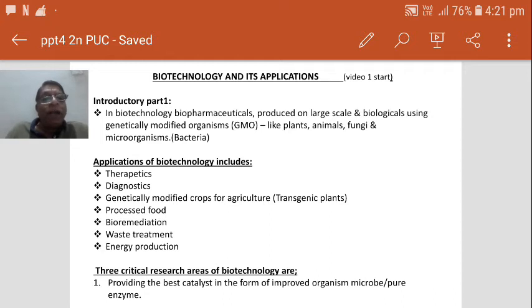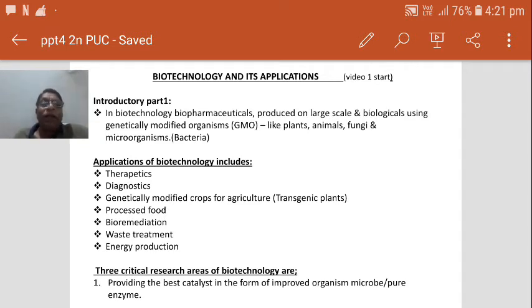The sewage is made deodorant. Even energy production is possible. These are some of the applications of biotechnology.